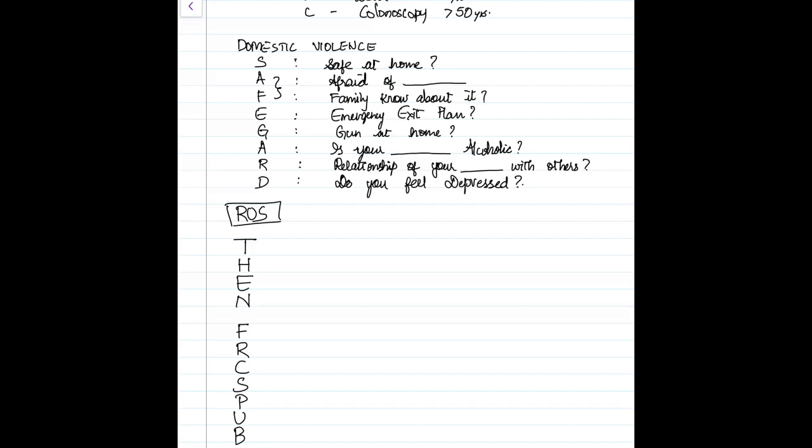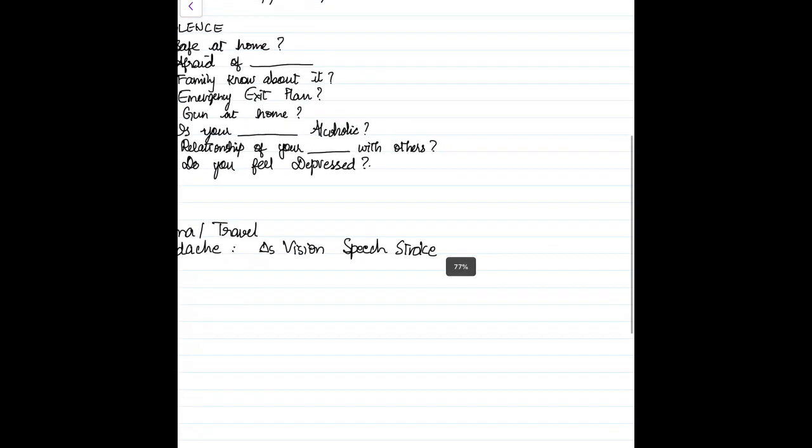So T stands for trauma or travel. For H, it's headache. So with headache, you can ask about changes in vision, speech, stroke, or you can even ask WNT, which is weakness, numbness, and tingling.